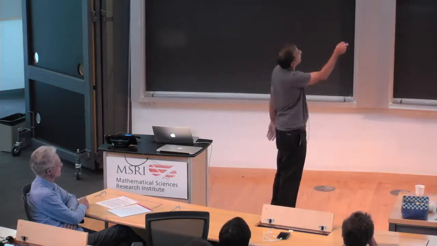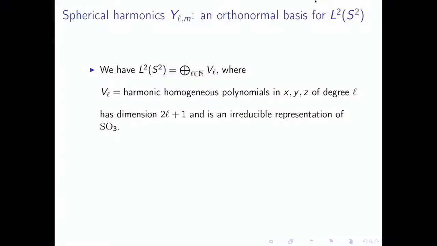Okay, so whatever spherical harmonics are, they're an orthonormal basis. This is a quick reminder. They are an orthonormal basis for the two-sphere. The way you make them is like this. You start with L2 of the two-sphere, and first you split it up into irreducible representations of the rotation group.